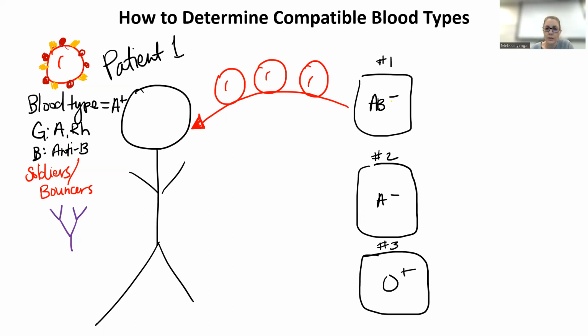So when we are transferring from our donor to our patient, we have to think about our red blood cell because that's what's getting transferred in high quantities. And we have to think about, well, the antigen is on the red blood cell, and we have antibodies that are monitoring or circling our patient's blood, and those are our soldiers.